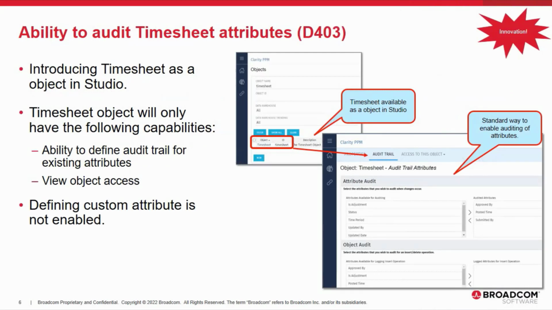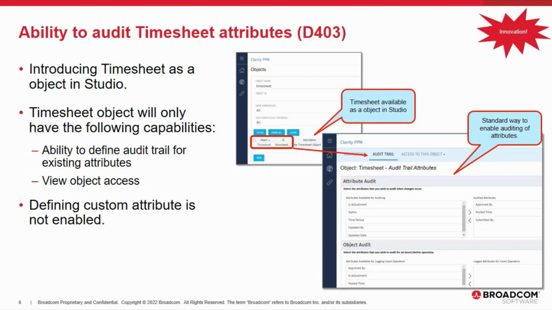The first one is the ability to audit timesheet attributes. This one came from the customer innovation panel. As part of 16.0.3, we are going to introduce timesheet as a studio object. Now keep in mind, unlike other studio objects, the timesheet object will only have two capabilities.